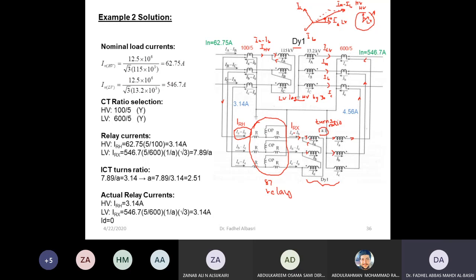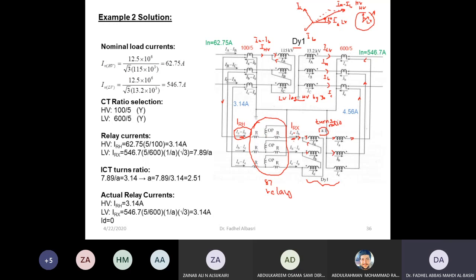Now, I corrected the phase by using this connection, but I'm not sure if the current here is the same as the current here. I have to make these two currents not just in phase, they're also equal. So I have to choose a ratio that makes this current IRX and IRH. H represents the high voltage side, X represents the LV side. This is the terminology according to American standards.